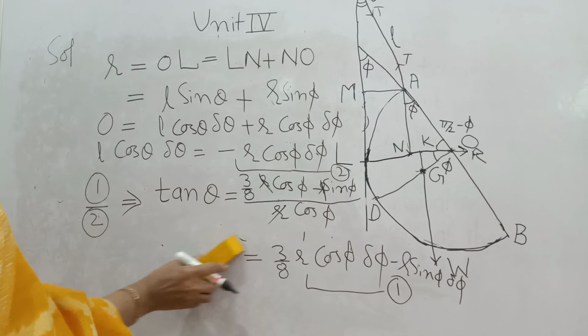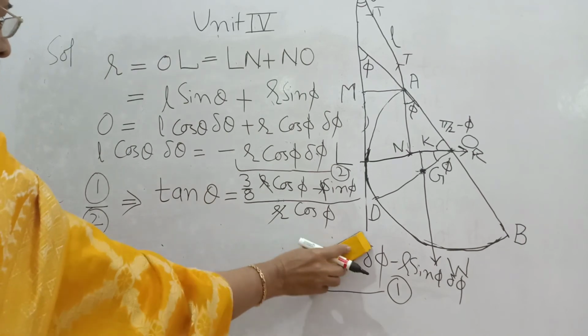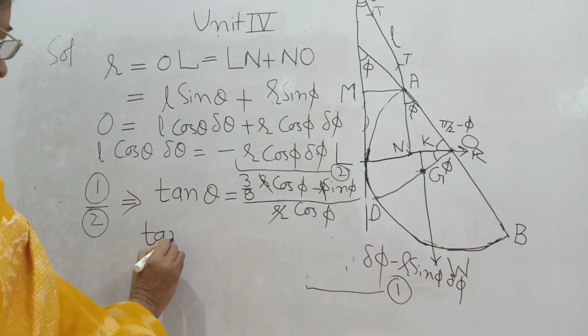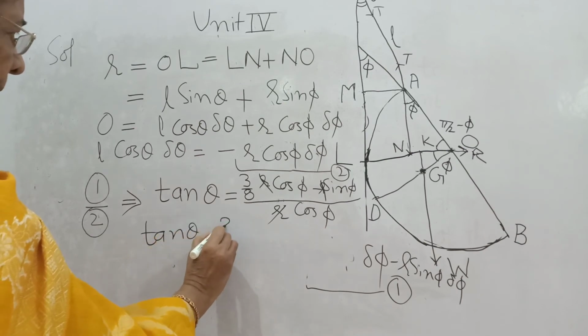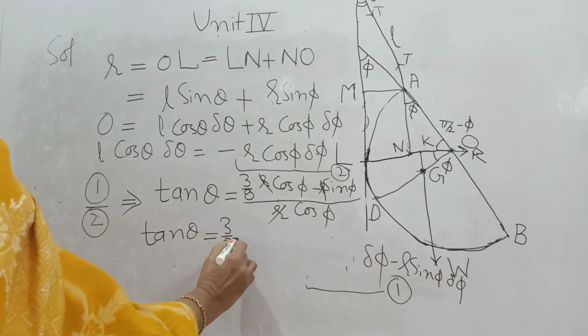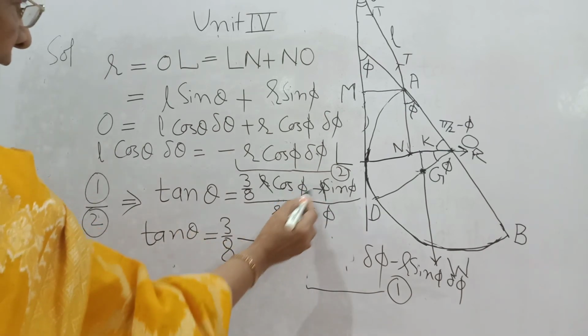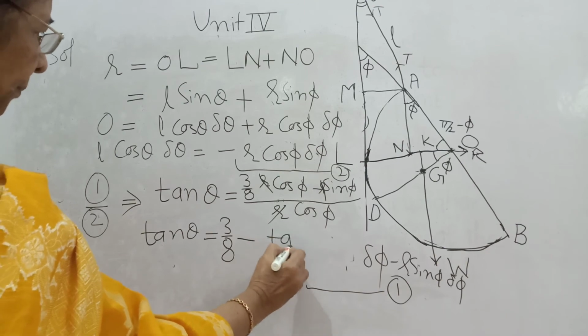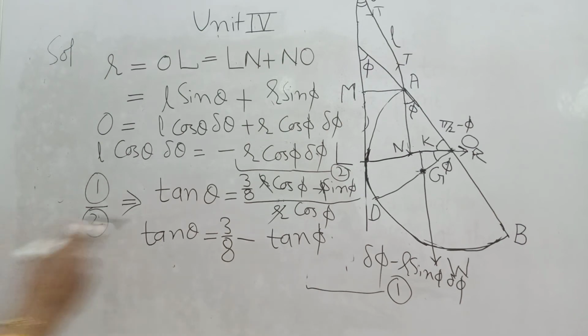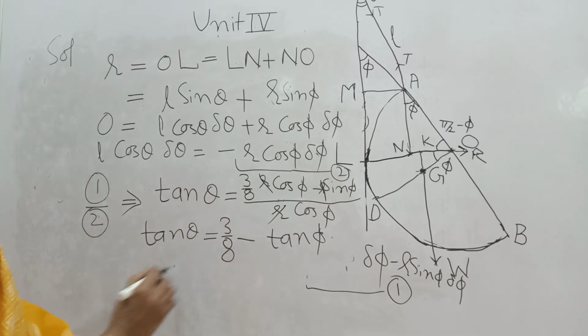So we are very near to the answer. So we have obtained tan theta is equal to 3/8 minus tan phi. I hope so. That means we are supposed to find the value of tan phi.